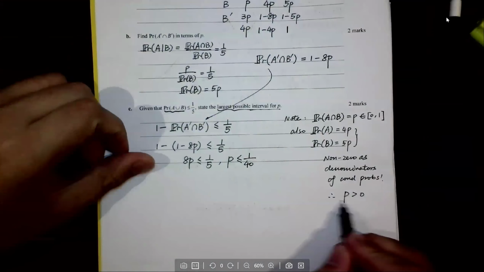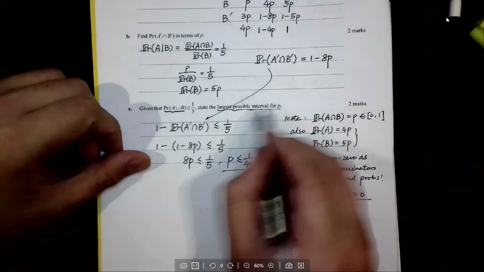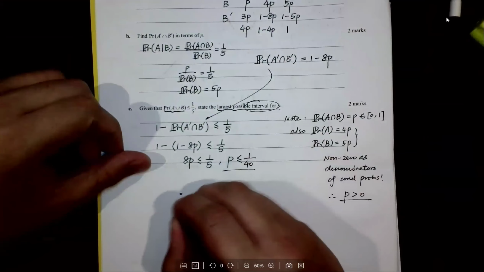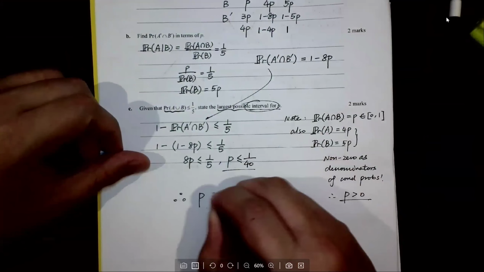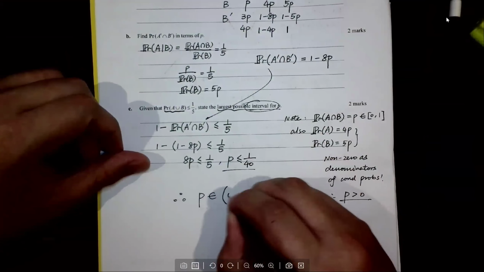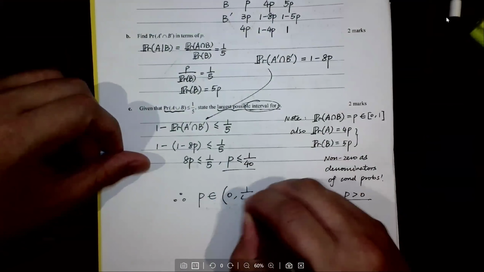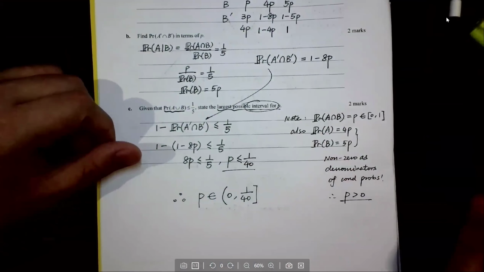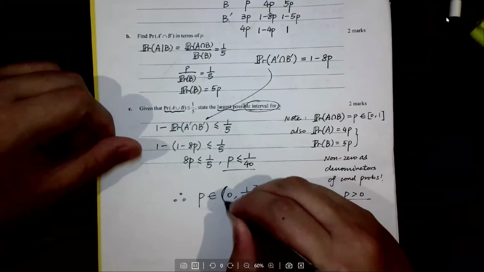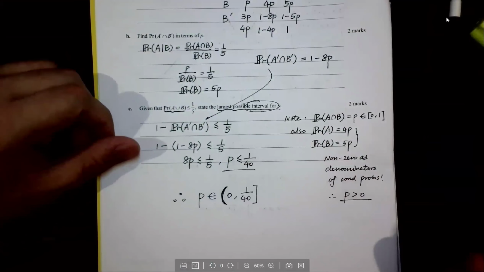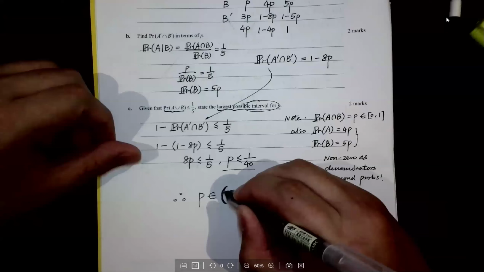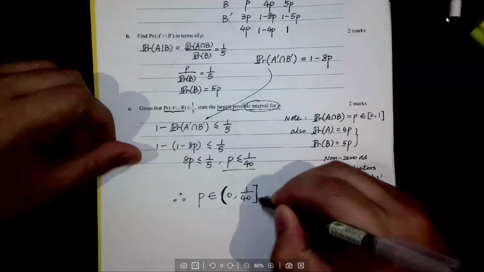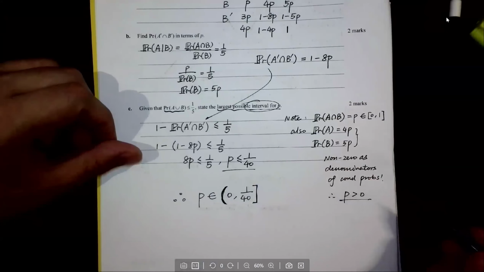And eventually, if I combine them together as an interval, the P parameter belongs to (0, 1/40]. Okay, so that is my final answer. Round bracket, okay? Try to draw it round. Try not to fudge your round bracket and the square bracket. Otherwise, you may not receive any mark.